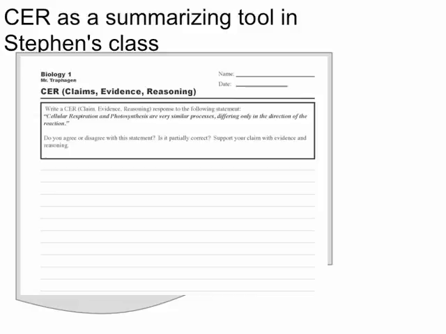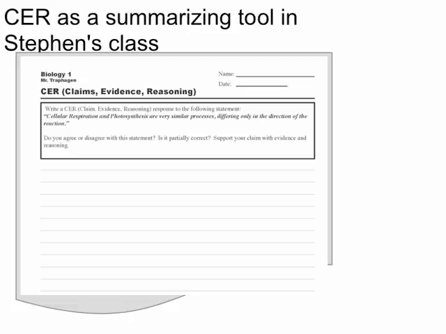So after we started the basic framework of CER, and the kids had done a couple of those, I used CER as a weekly summarizer, so the kids would use their science notebooks for the evidence and reasoning for the week on whatever topic we had just finished. I would give them claims to sort of simplify that piece of the process. We wanted to do this fast, and we wanted to do this often.